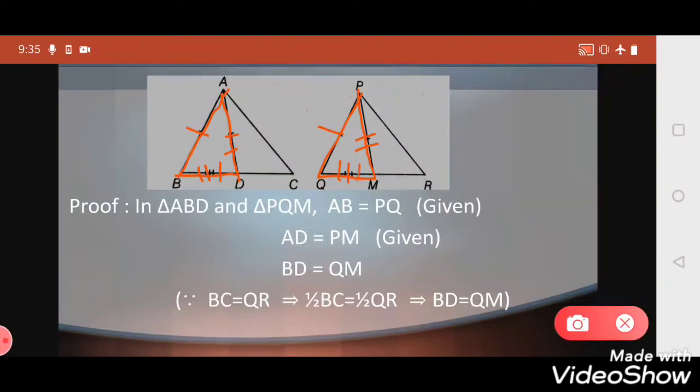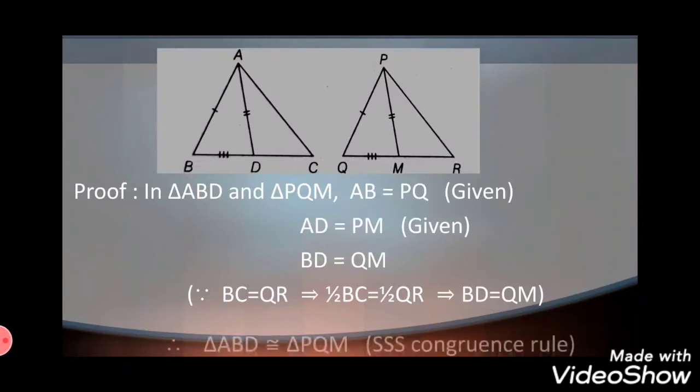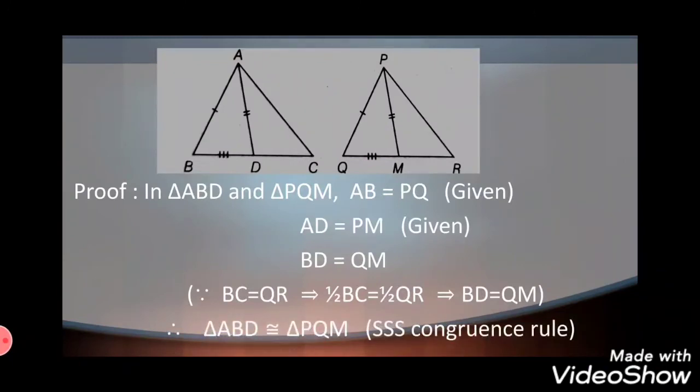And already it is given BC equal to QR. Therefore, triangle ABD is congruent to triangle PQM by SSS congruence rule. Here all the three sides of one triangle are equal to the three sides of another triangle. Therefore, according to SSS congruence rule, triangle ABD is congruent to triangle PQM.